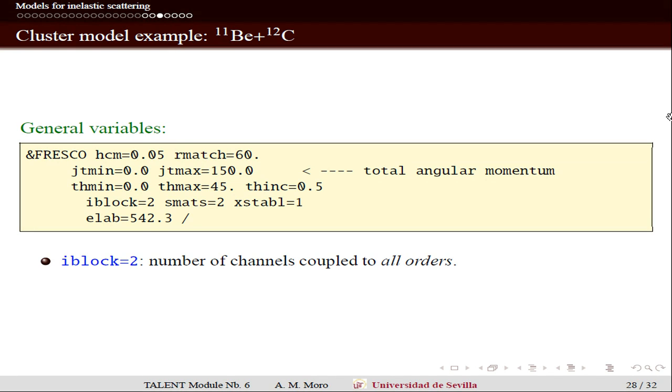So Fresco will not complain. It will run till the end. You will get some cross-section, but you have to make sure that this value is meaningful. And the same for the matching radius. So when you have a heavy system, for example, in which Coulomb plays a role, then typically you have to extend the integration up to larger distances.